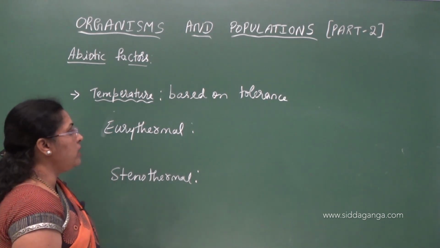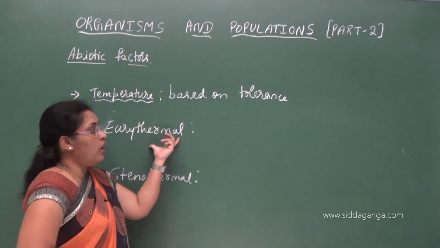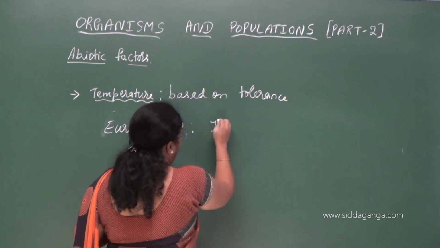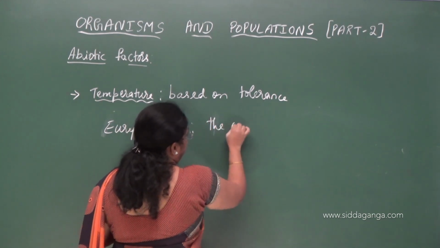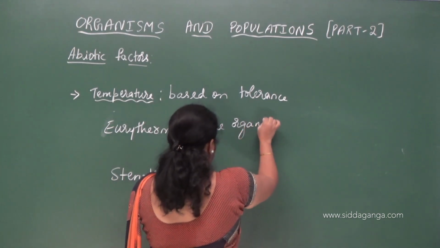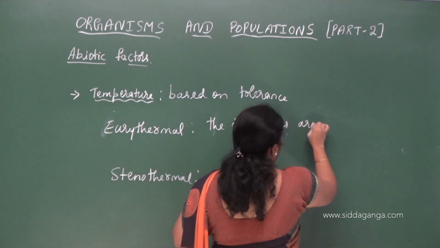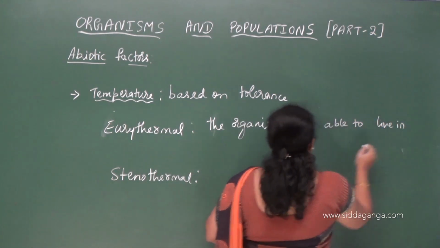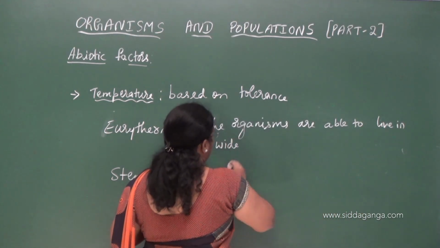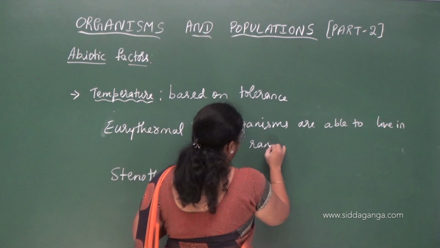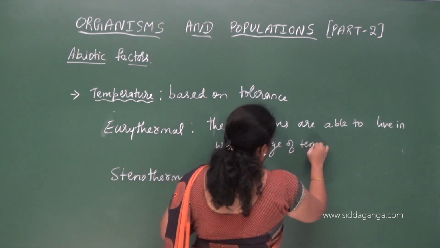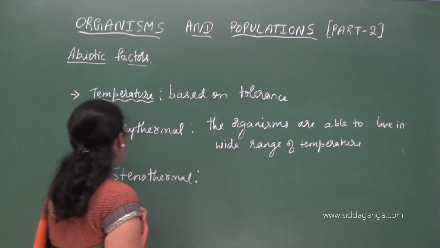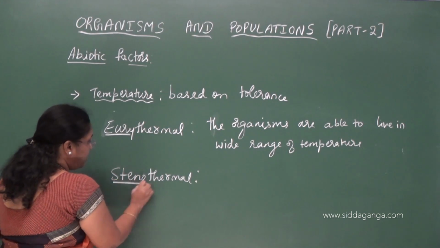Euthermal means these organisms are able to live in a wide range of temperature. Eury means wide, steno means narrow.